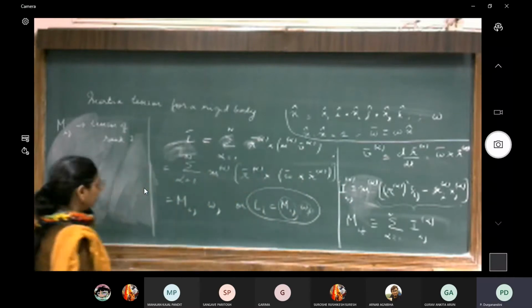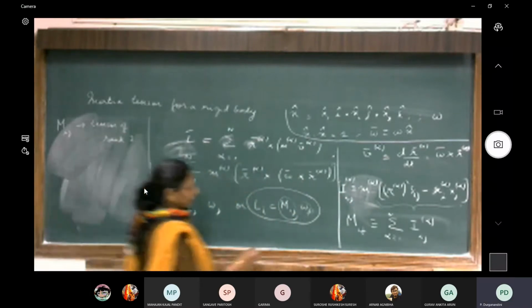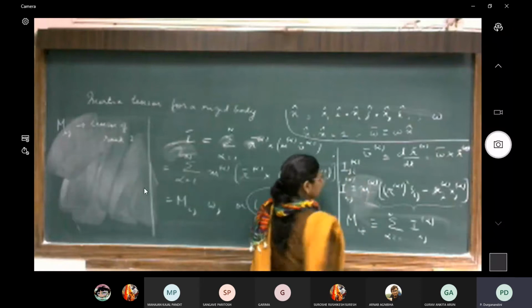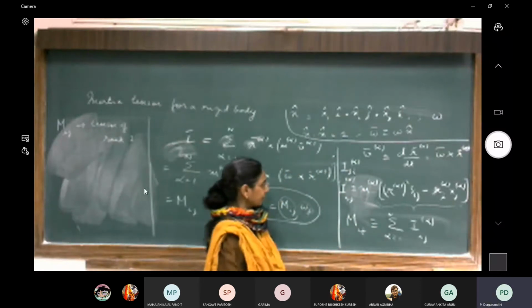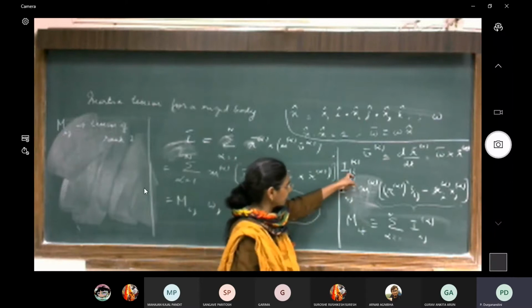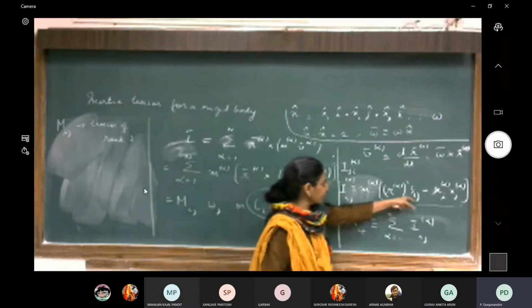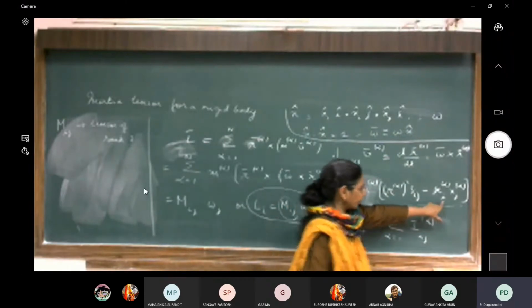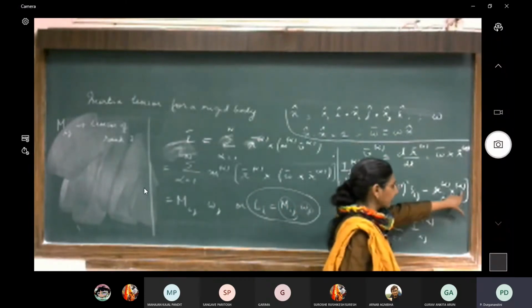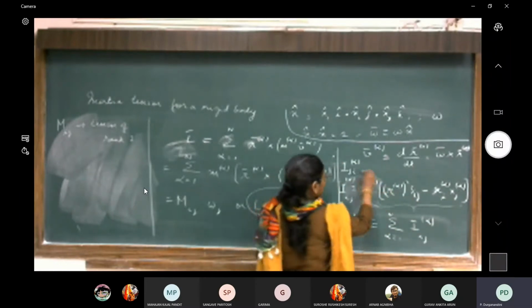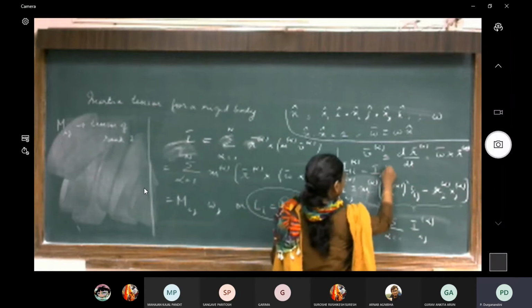Suppose I ask you what is Iji alpha. By definition, whenever you have such things, you just take the definition. So wherever the first index is, put j, and for the second index, put i. So I get delta ji here, and here I'm going to get xj alpha, xi alpha. But you can see that this is the same thing as Iij. So this is equal to Iij alpha.